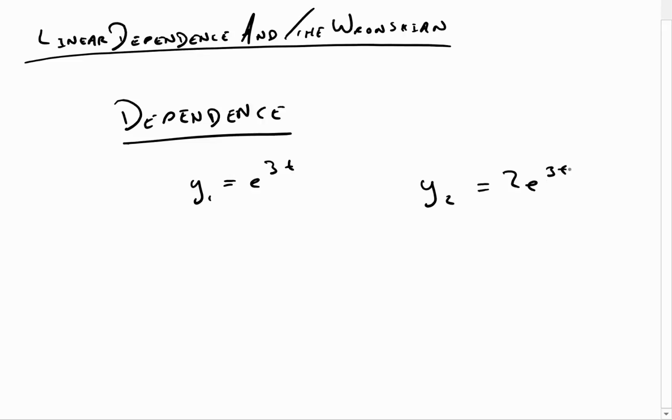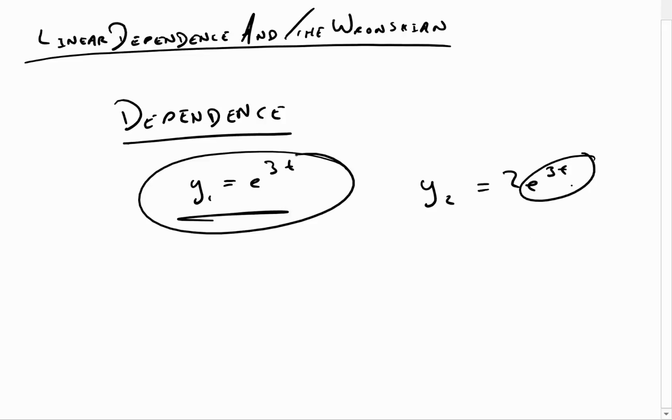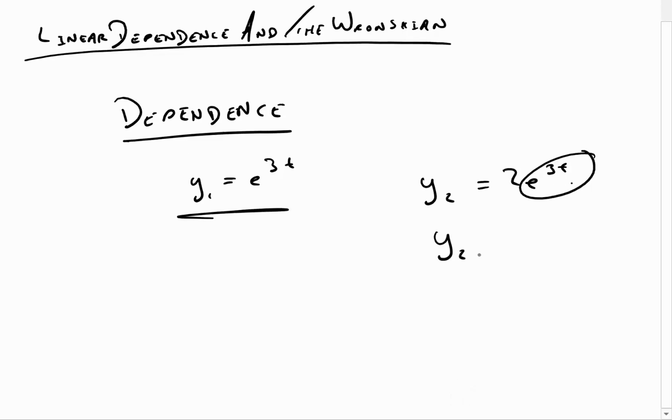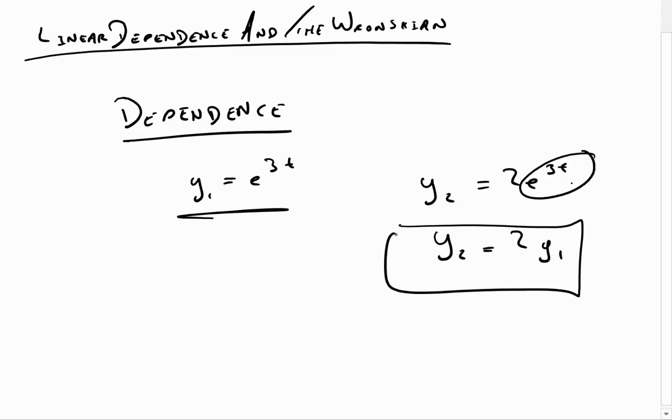It doesn't take a rocket scientist to work out that y2 is simply dependent on y1, because look, this e to the 3t is this y1. So in other words, we can say that y2 is just two lots of y1. So y2 depends on y1. Or equally, I could write it as y1 equals a half y2.